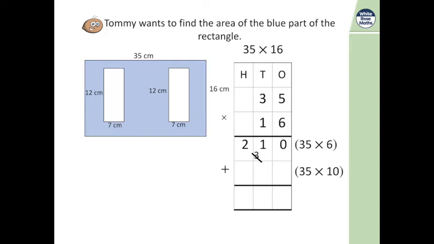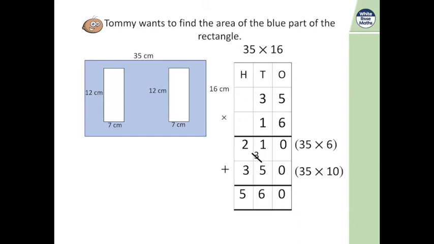So now, because we've worked out 35 times 6, we're now going to work out 35 times 10. 0 down, always important, place that 0 underneath. And now 1 times 5, or 5 times 1, is 5, and then 1 times 3, or 3 times 1, is 3, and finally add them together. Now that's given us the area of the whole rectangle.